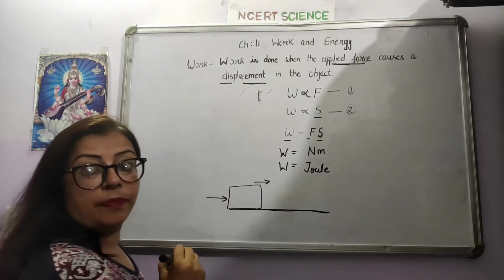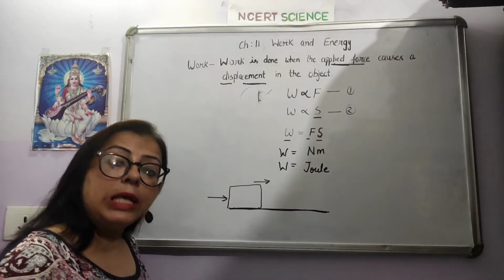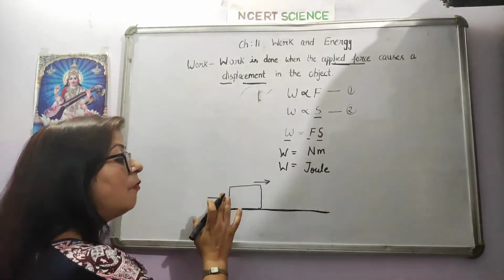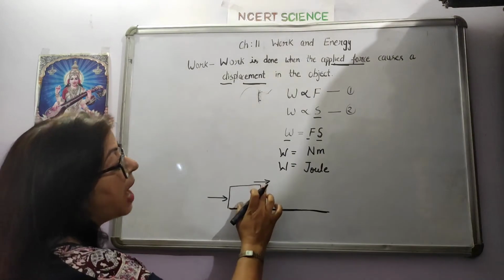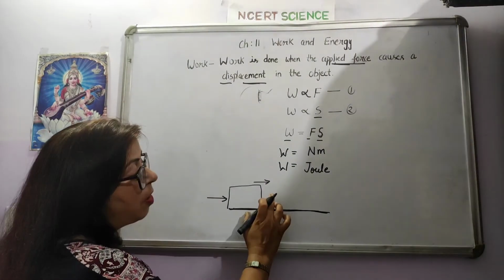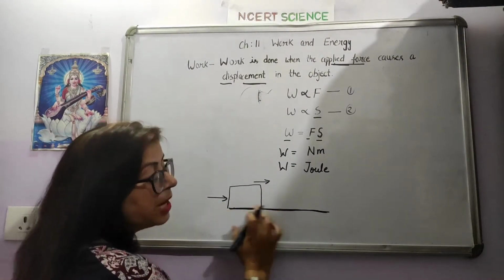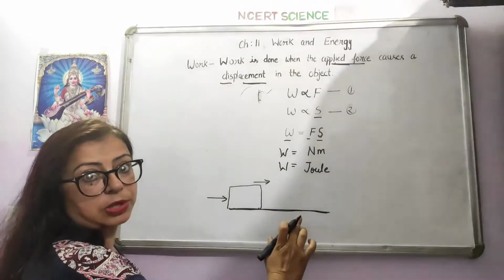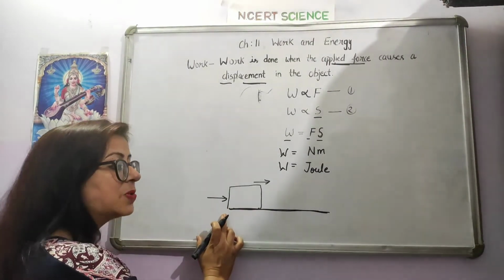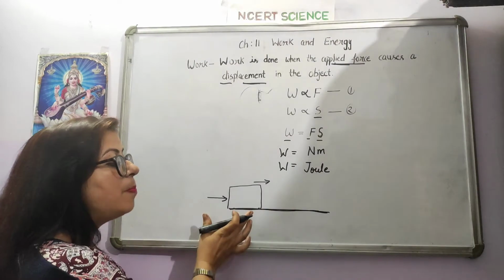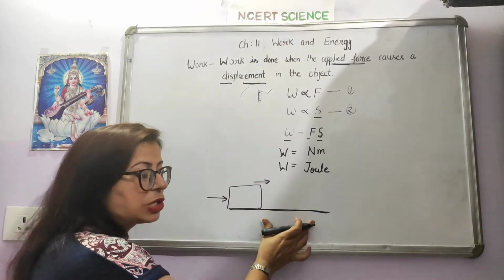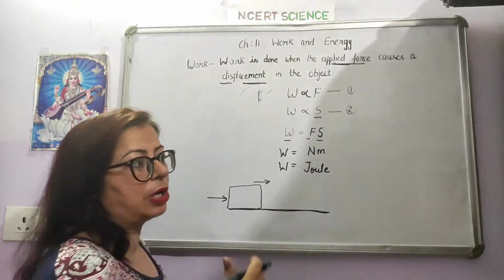Now we can say that the force as well as the displacement, both directions are the same. It is in the forward direction. Applied force as well as displacement are both in the same direction.